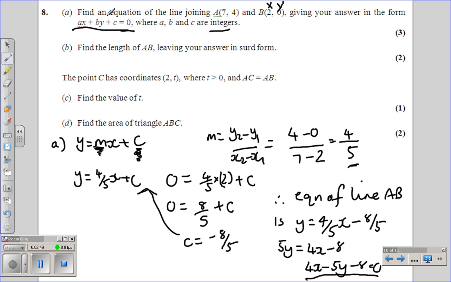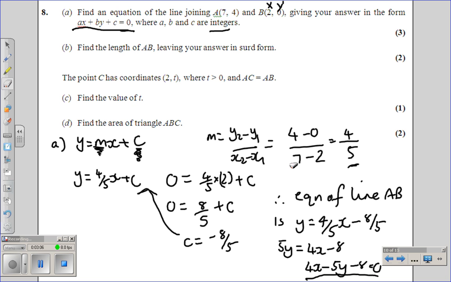The next part, Part B, we have to find the length of AB, given your answer in surd form. Well, the length, you could just do Pythagoras and draw it out, or there is a formula. I'm going to get rid of all this. We don't need this.